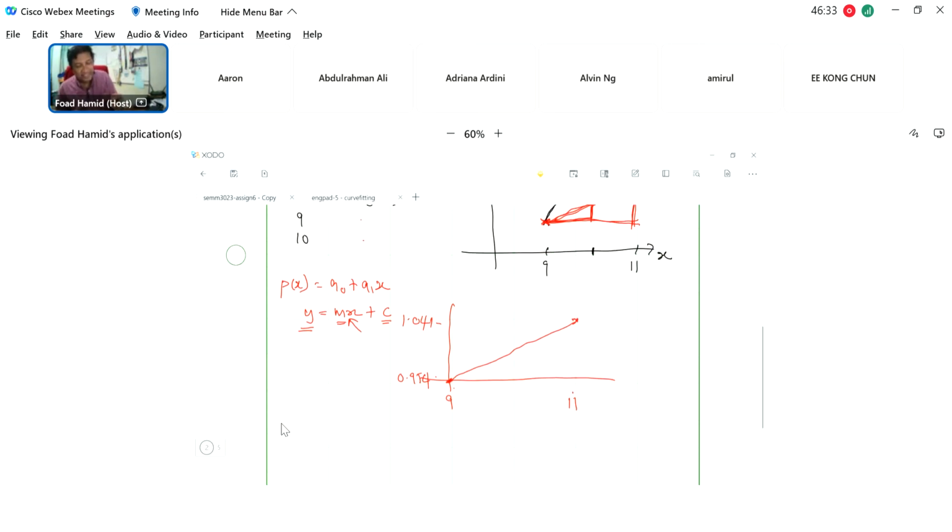So our equation is a1 x, 0.04357 x, plus 0.954. This is the equation.